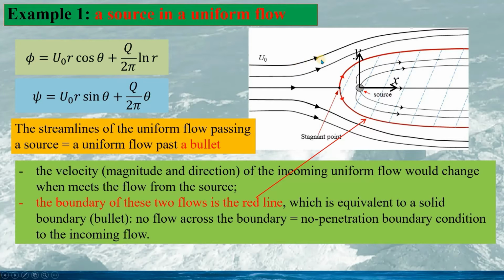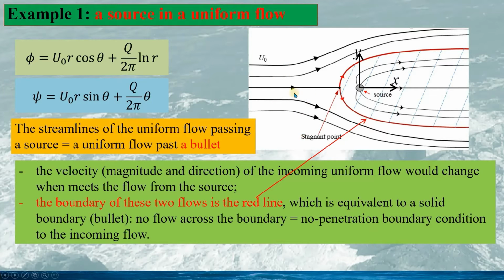Either the incoming flow would not pass the red boundary into the inside of the bullet structure, or the source flow would cross the red boundary and come out through it. Therefore, there is no flow crossing the red boundary. It is equivalent to the no-penetration boundary condition for the incoming flow.